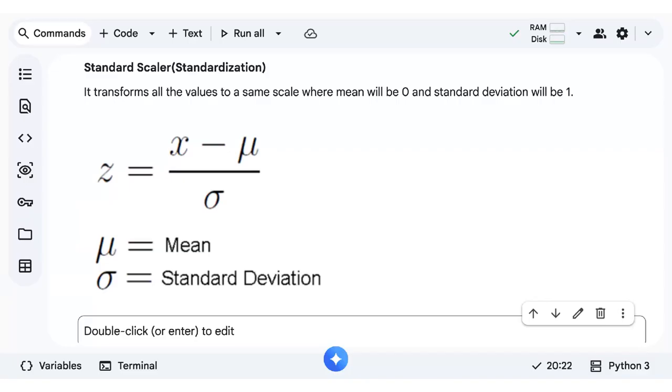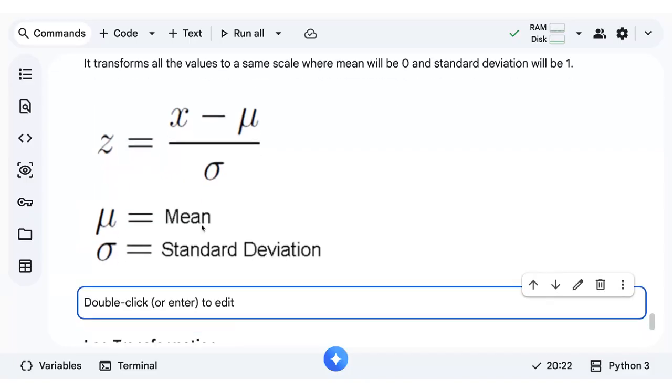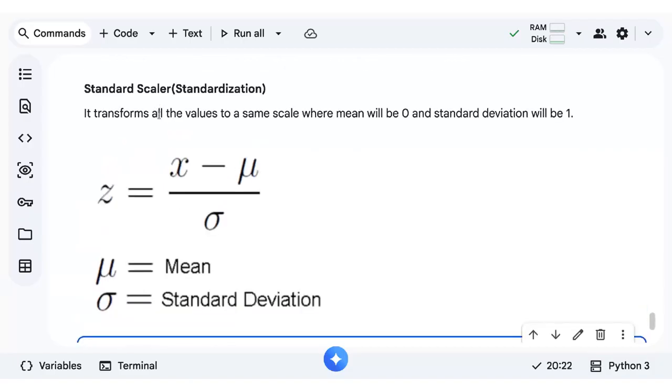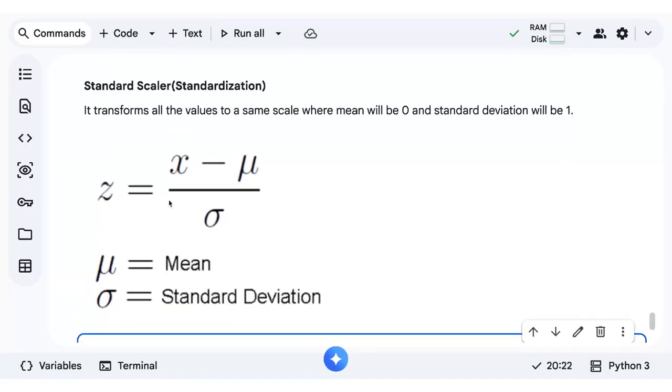Shall I show how to implement? I'll show both the methods, but you have to use any one method. It's all about a trial and error method.